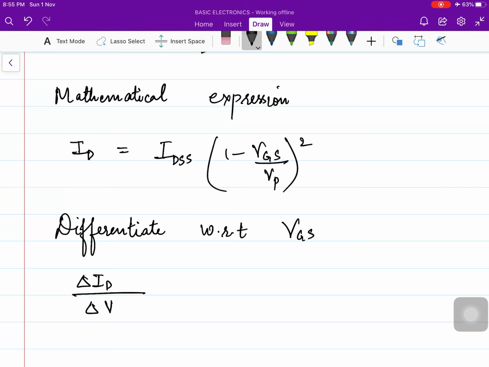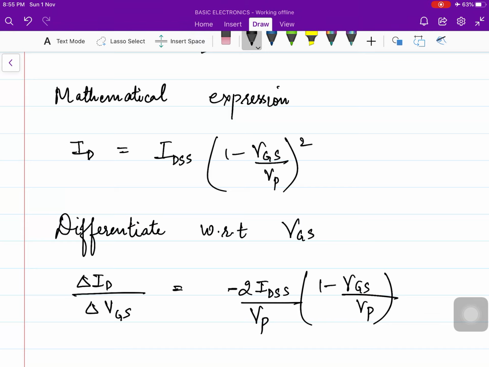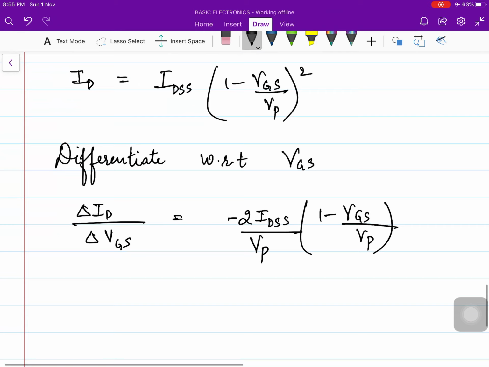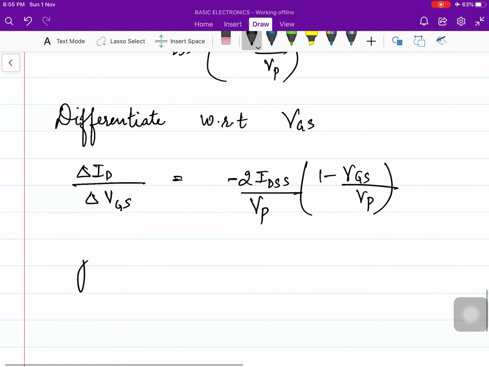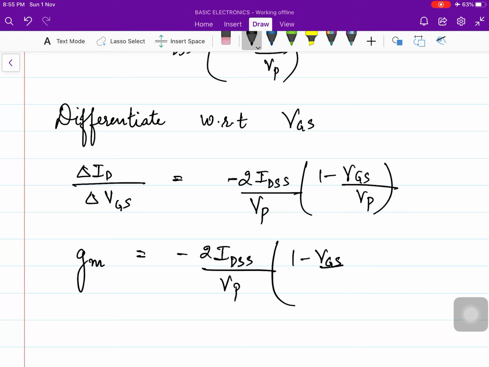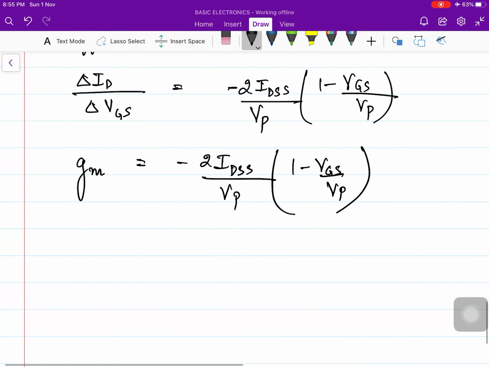So it will be delta ID by delta VGS, or you can say dID by dVGS, and it will be 2 IDSS times (1 minus VGS upon VP), and minus also comes outside, so upon VP. The differentiation will give you this. Now the left hand side is gm, and it equals minus 2 IDSS upon VP times (1 minus VGS upon VP).